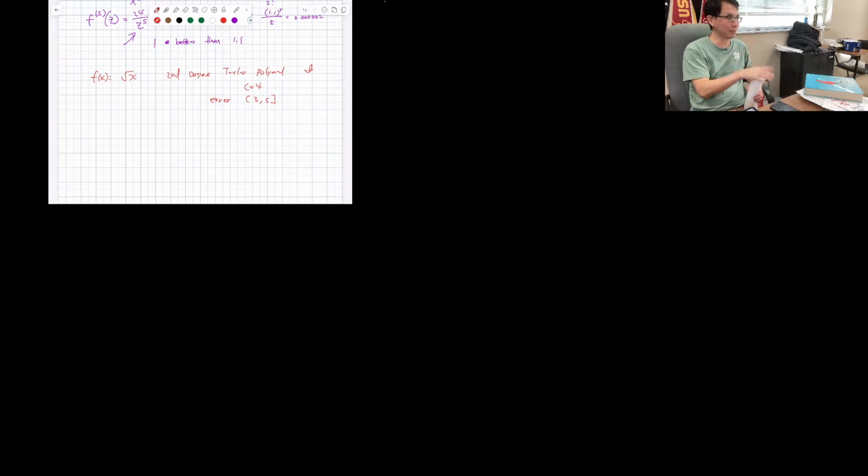You have to pick the maximum value, and only one value makes sense. You find the second degree polynomial first, which stops at the second derivative, but you have to do one more derivative to find the error.